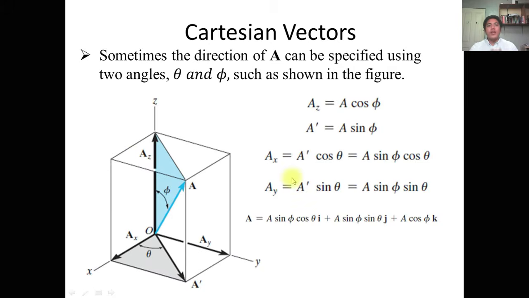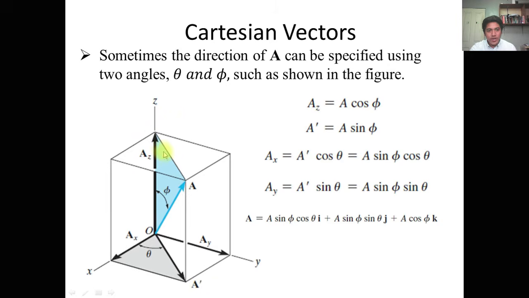Sometimes the direction of vector A can be specified using two angles. We have the phi and we have the theta. Let us realize that in this figure we have vector A. If we are going to resolve it to the z-axis, this would be the vector a sub z with a certain angle phi, and we also have the vector A prime.